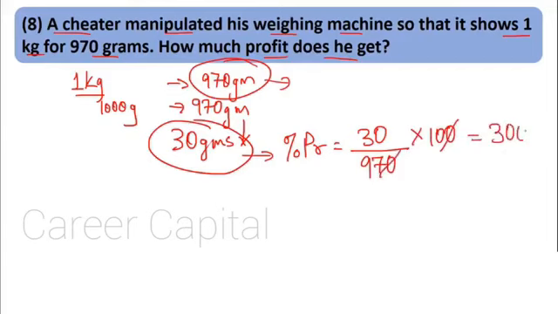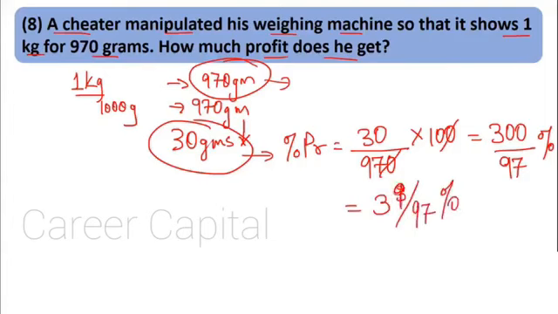We will have 300 upon 97%. This is the profit percentage. You can even have 97 into 3 is 291, so you will have 9 over here, 9 divided by 97. This is 9 by 97%. This much is the profit the cheater gets.